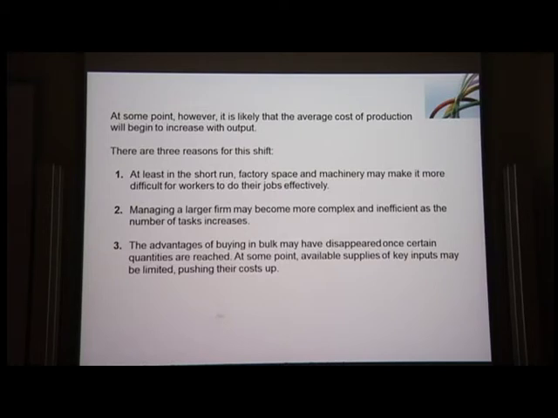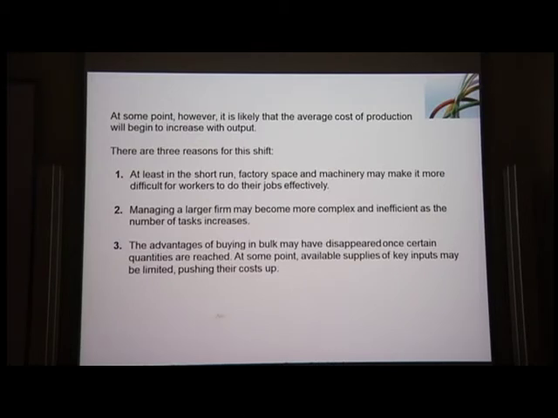It will push up the price of that input. To get that skilled labor, you have to pay higher wages, or the price of that raw material will increase because of scarcity. That will push up the cost of production, which will lead to a higher average cost. The long run average cost will increase, and that means you will experience diseconomies of scale.